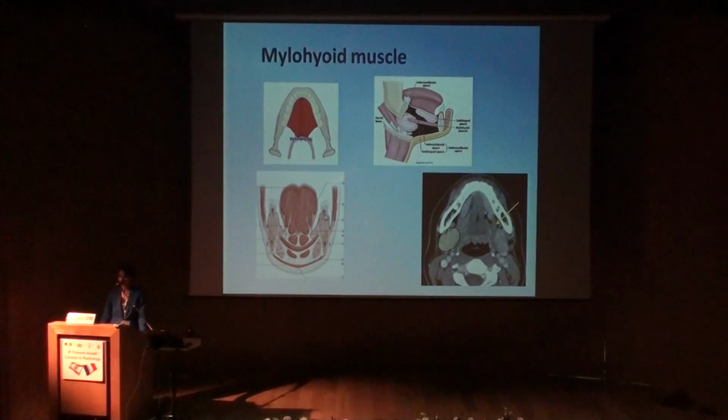And if the root is below the mylohyoid line, it will go towards the submandibular region, which is below the mylohyoid. And you can also see it on the CT. This is the sublingual gland, this is the submandibular, and this is the mylohyoid.